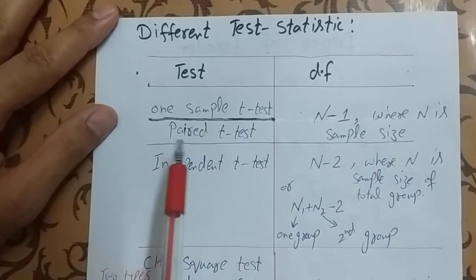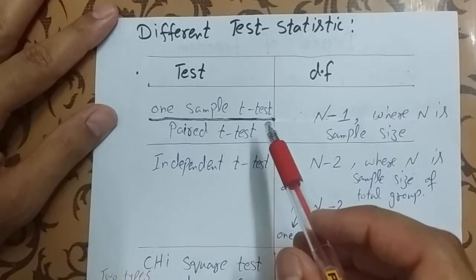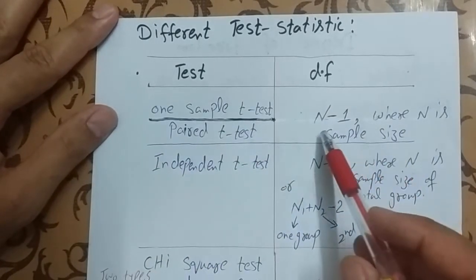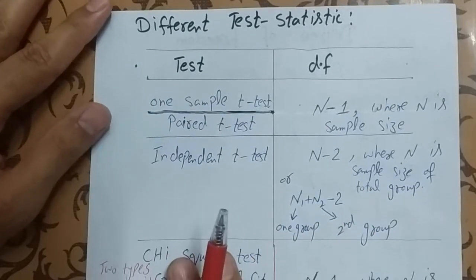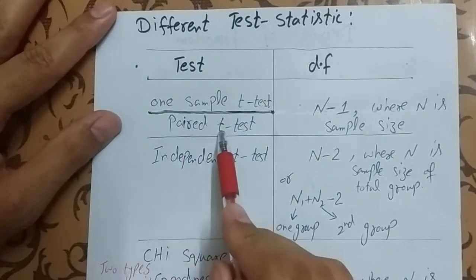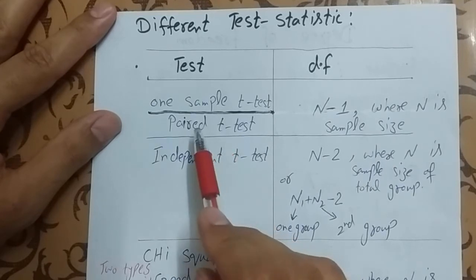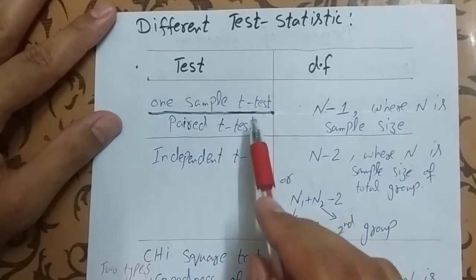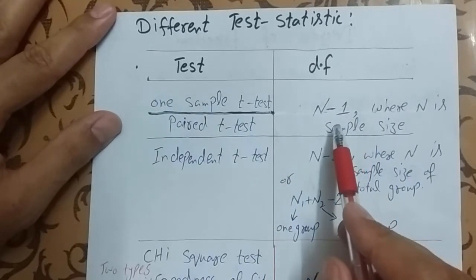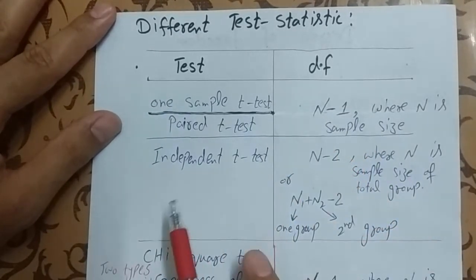But when we check the degree of freedom, we adopt 10 for single, not double. So for paired test, we use 1 sample, just like 1 sample t-test, 10 minus 1, which is equal to 9.